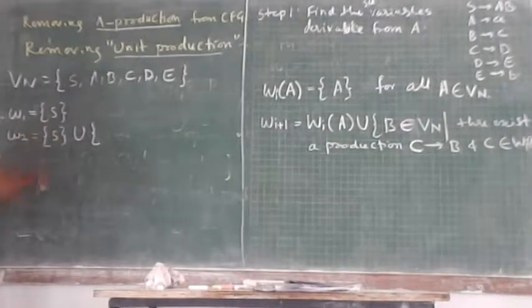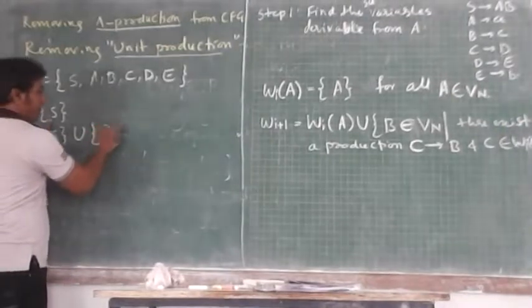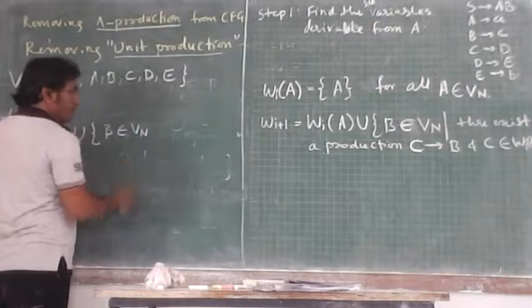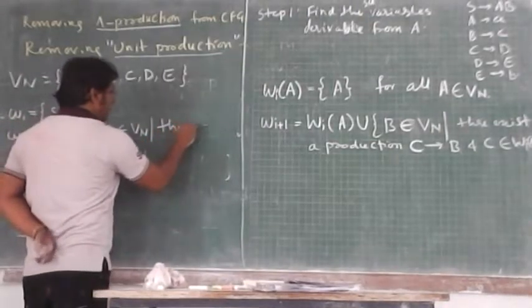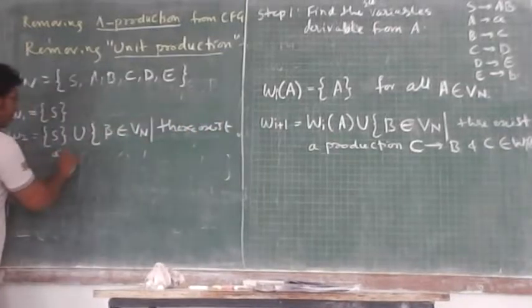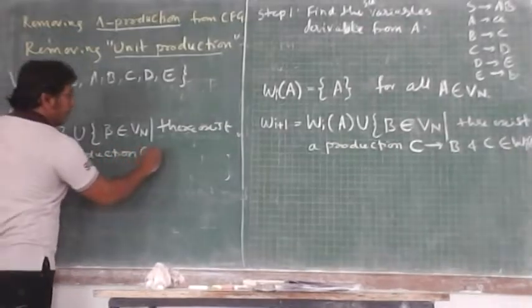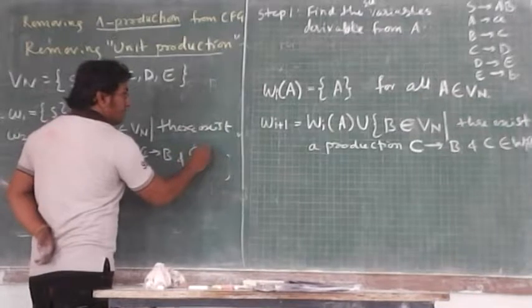Here I have my Wi is this one. What can I write here? B belongs to Vn. Okay? There exists a production C implies B, and this C belongs to what?